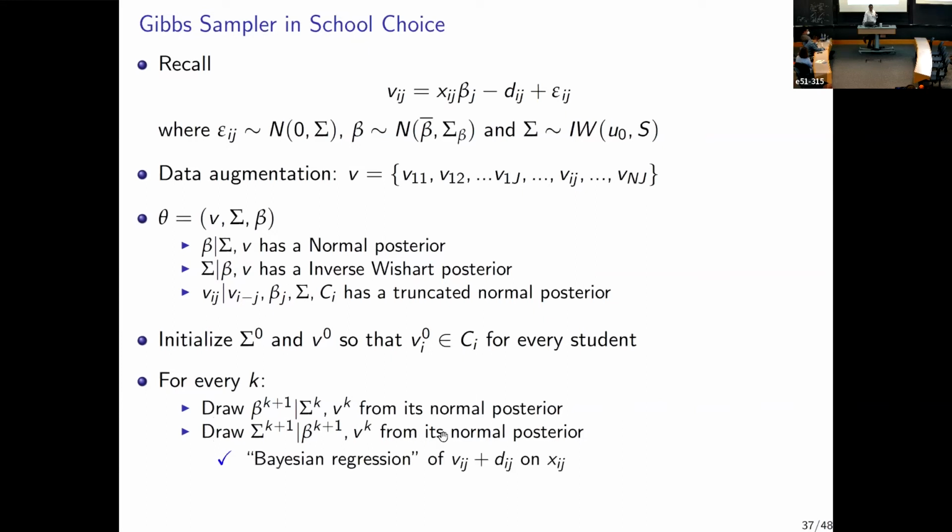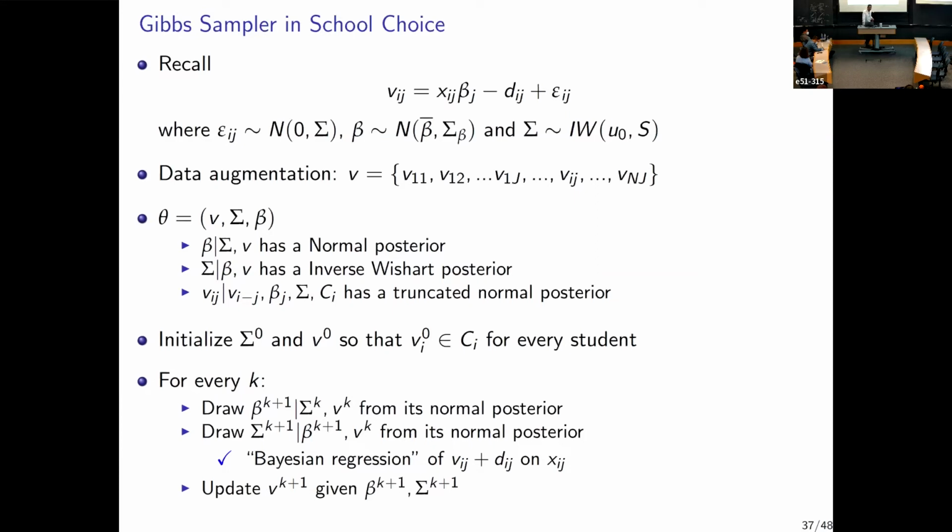That's a typo here, inverse Wishart posterior. And this is essentially a Bayesian regression of V plus D on the x's, computing the betas and the variance and covariance matrices. In fact, it's a Bayesian system of seemingly unrelated regressions, because I have several equations, one for each school.